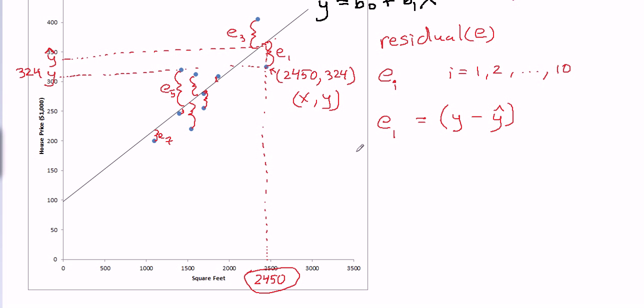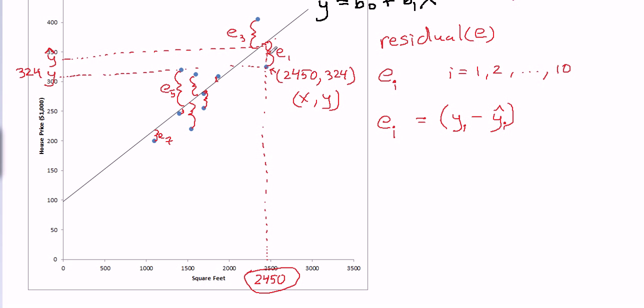So I can get any one of the particular residuals by subtracting the predicted value from the actual value of y. Okay, so I can just generalize this now and say I can get ei by doing yi minus y hat i.